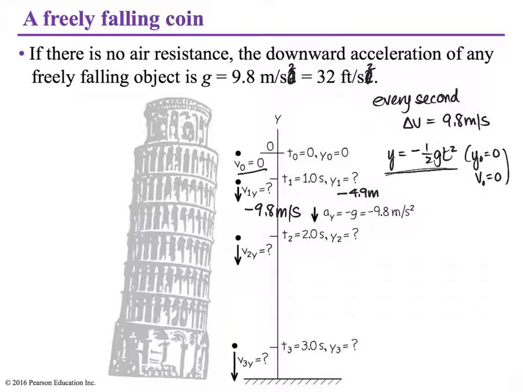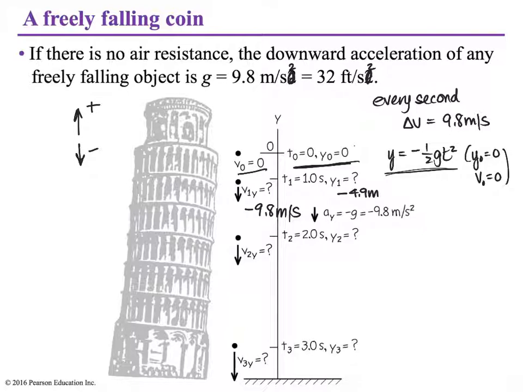It's going to fall 4.9 meters, and the negative sign is because that's the negative direction. In this slide, positive is up and negative is down, and this was our y equals 0 point, so everything below that has a negative y value.